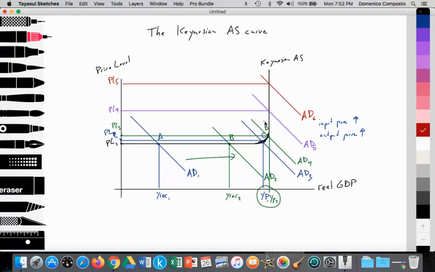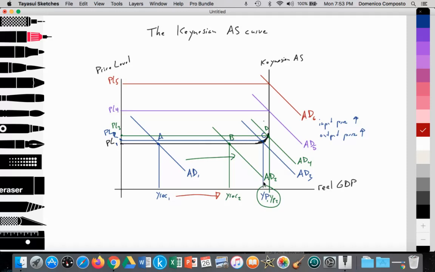So hopefully we begin to understand how aggregate demand in the different sections will either impact the price level and output. All right, so section 1, we see with AD1 and AD2, there's no change in the price level, but we do get an increase in real GDP, or the quantity of output being produced. In section 2, which is points C and D, we're reaching full potential GDP, or full employment.